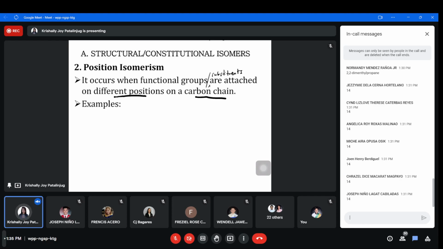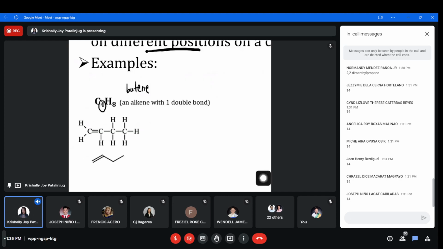So let's, for example, okay, for this molecule, C4H8, sabi dito, it is an alkene with 1 double bond. So C4, 4 yung carbon, this could be butene. Tama? Kasi alkene with 1 double bond. 4 man yung carbon. So butene yung isa na pwede nating ma-obtain from that molecular formula.